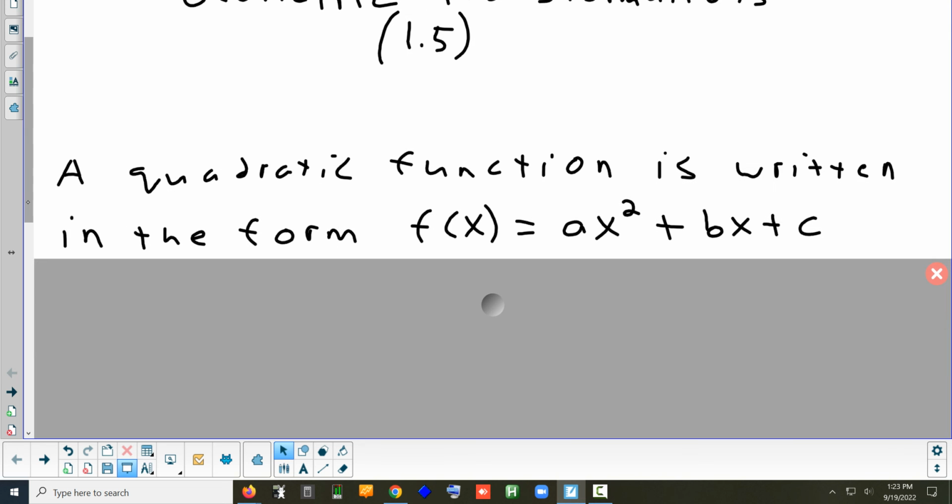All right, so first is, what does a quadratic equation look like? That's the general format of what it looks like. The key is that you have a formula where the highest exponent is 2.